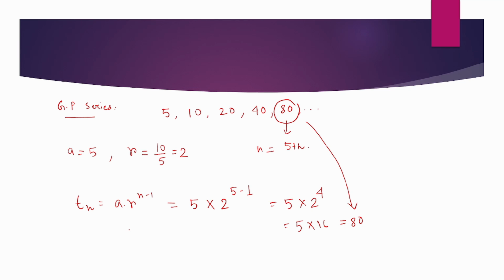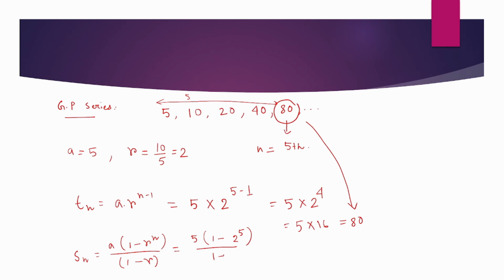Now if we want to find out the sum of the series up to the fifth term, how can we do that? Again we will be doing this calculation: Sn is a into 1 minus r to the power n divided by 1 minus r. Here a is 5, r is 2, and n is 5, because we want to find the sum up to the fifth term.